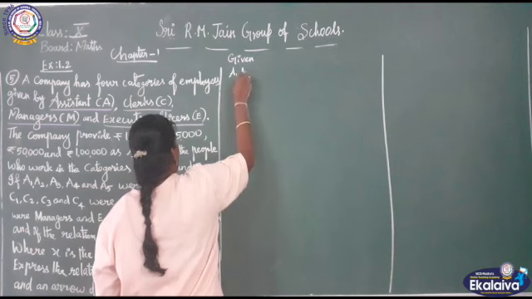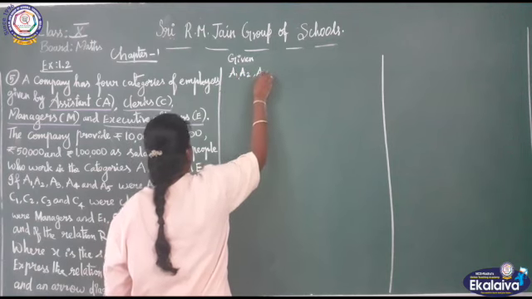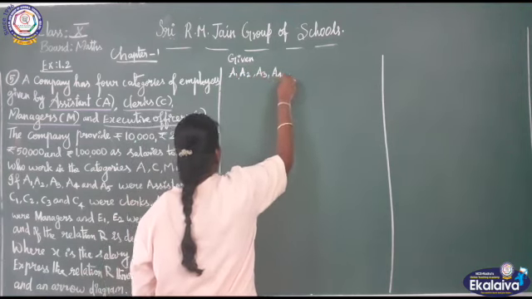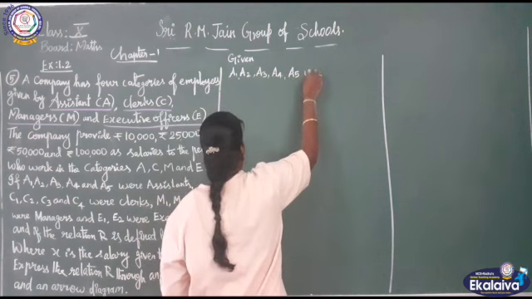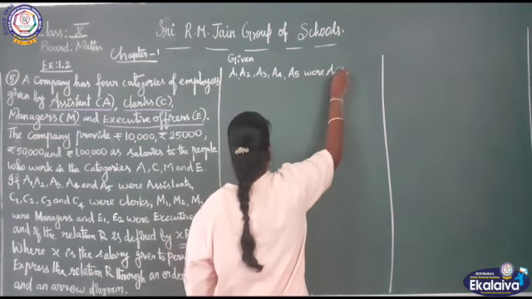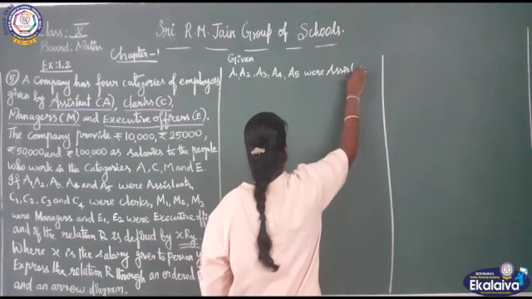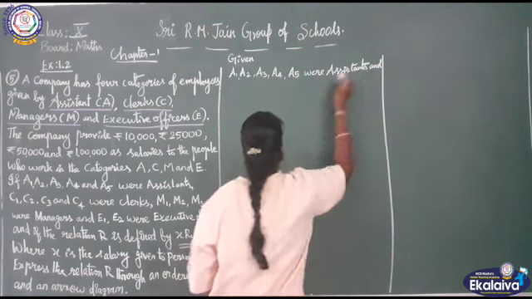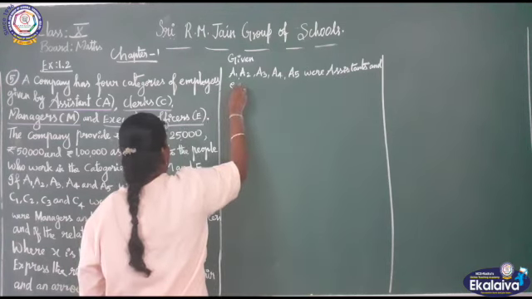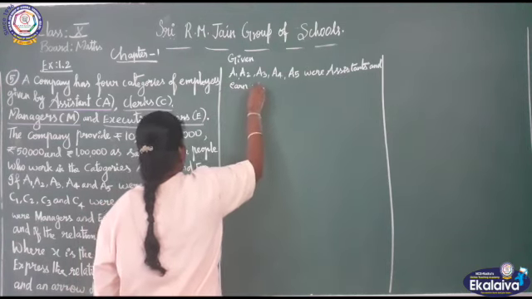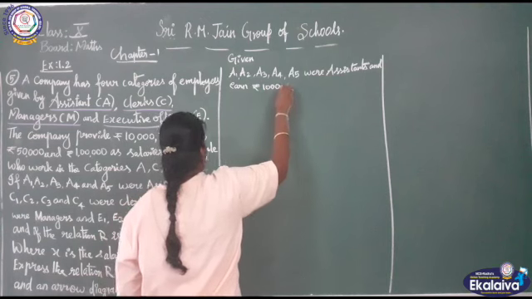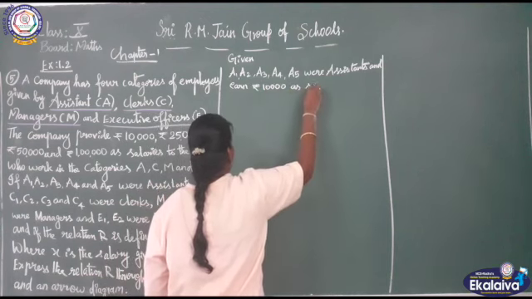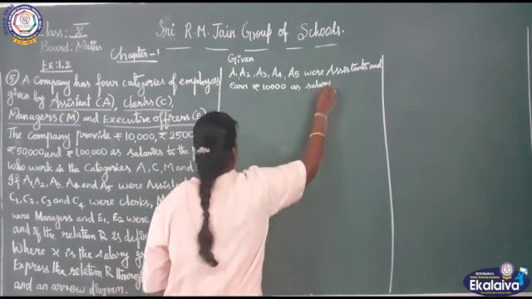A1, A2, A3, A4, A5 were assistants and earn rupees 10,000 as salary. Are you clear?